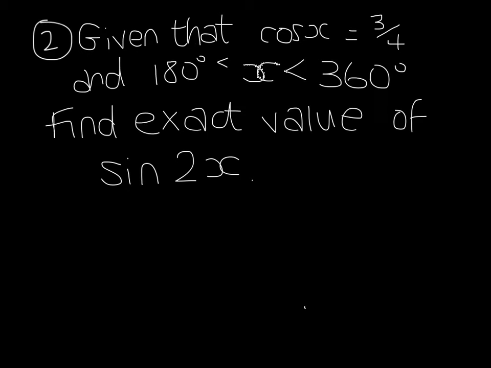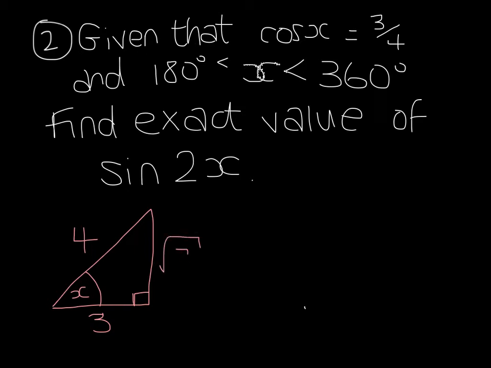So if we know that cos x is 3/4, that's going to be a 3 and a 4 in the triangle, and using a bit of Pythagoras, this side is root 7.